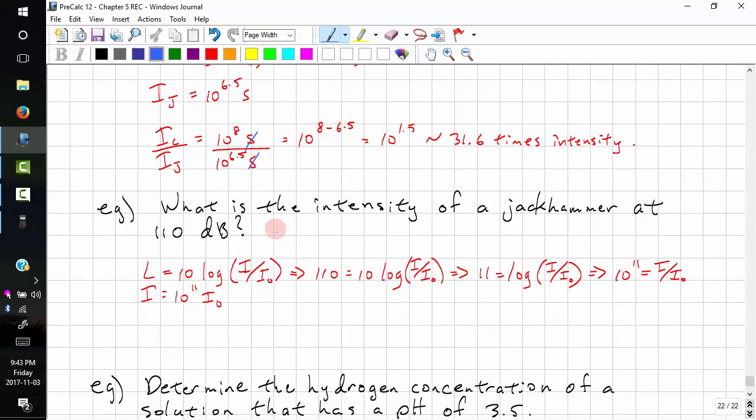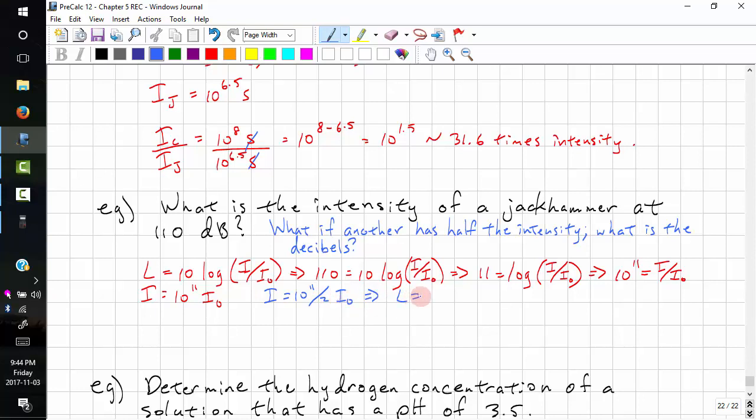Okay, what if we added a question that said, what if another jackhammer has half the intensity? What is the decibels? So we have I equals 10 to the power of 11 divided by 2, times I naught.